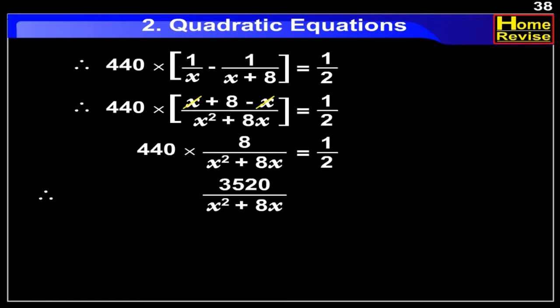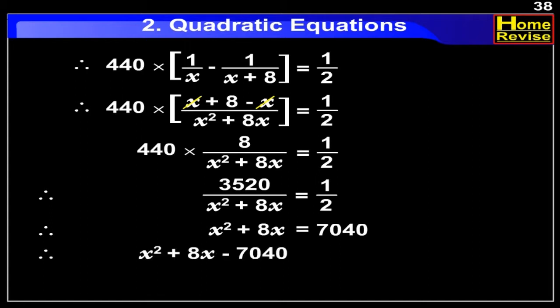Therefore, 3520 upon x square plus 8x is equal to 1 upon 2. Therefore, x square plus 8x is equal to 7040. Therefore, x square plus 8x minus 7040 is equal to 0.